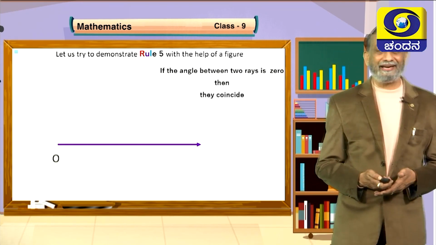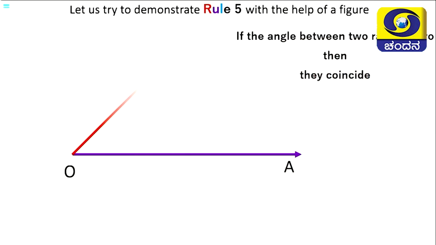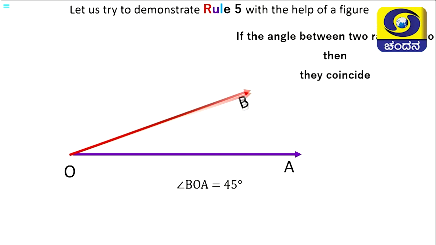So, here is a ray OA and here is a ray OB, which is making an angle of say around 45 degrees. If the angle between the two rays is made 0, see, now the angle BOA is 0 degrees because the ray OB is coinciding on the ray OA. Therefore, if the angle between the two rays is 0, then definitely they will coincide with each other.